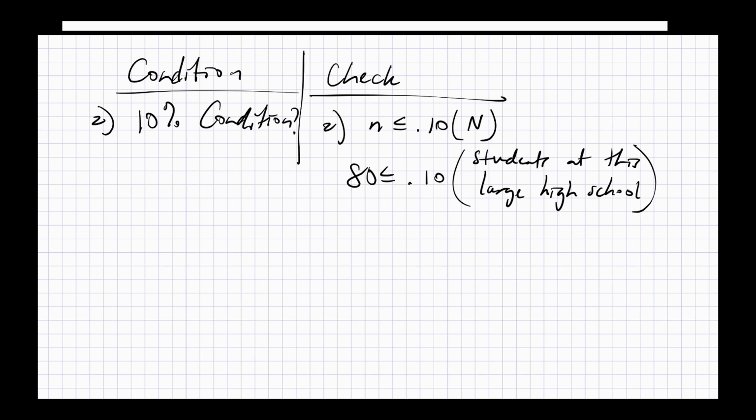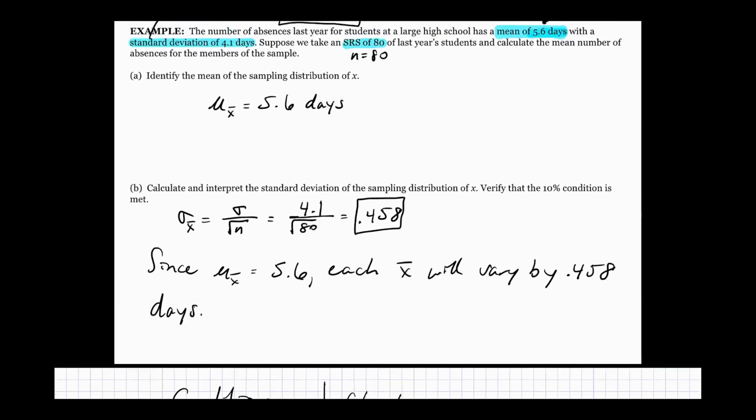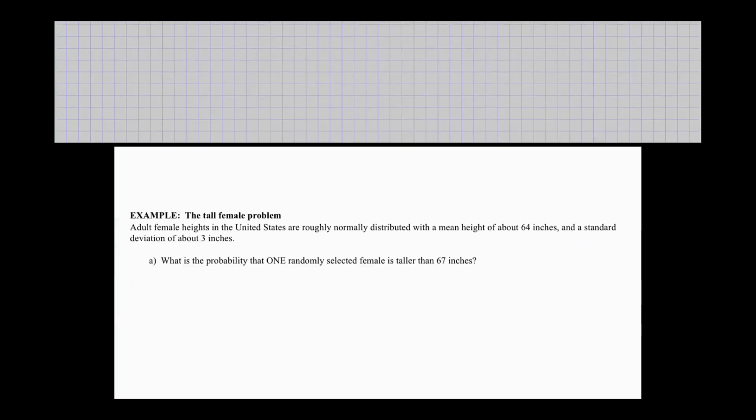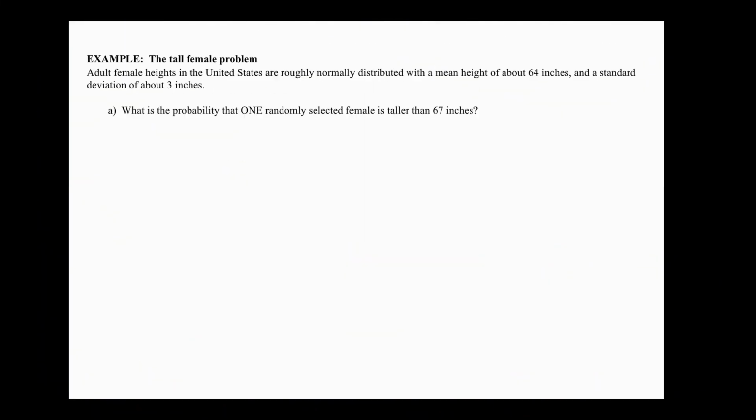And we just check it, right? Yeah, just check it. It would have to be over 800, and if it's a large high school, it's not considered a large high school unless it's in the thousands. Okay. Done. There we go. We're done with that question. And that was all we have for that question? Yep. Let's move on to the next question.